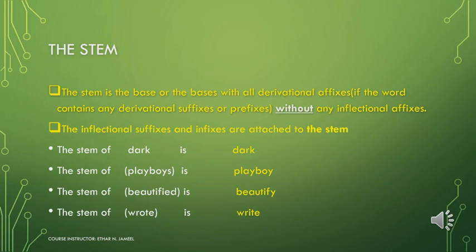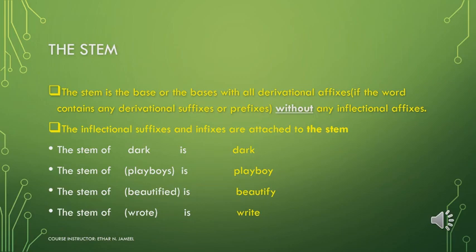Let's move to another word, that is wrote. In wrote, we have two morphemes, as we've said. Wrote is in the past simple form. The present form is write and the past form is wrote. So wrote consists of two morphemes, write and ed past, but this ed past is not a suffix, it is an infix.